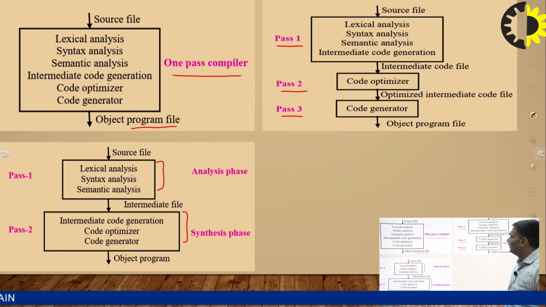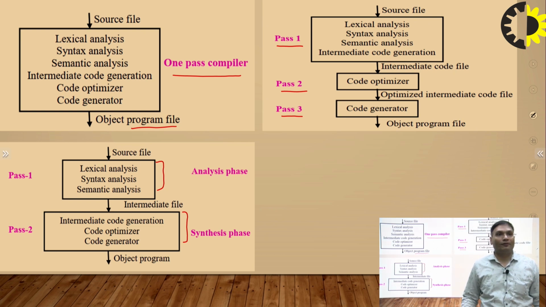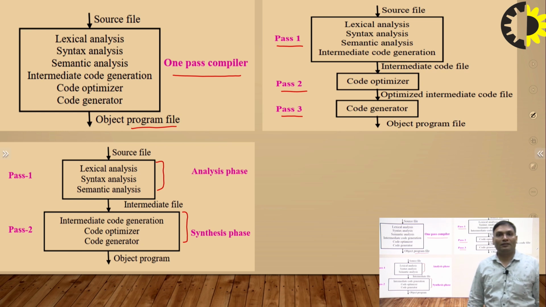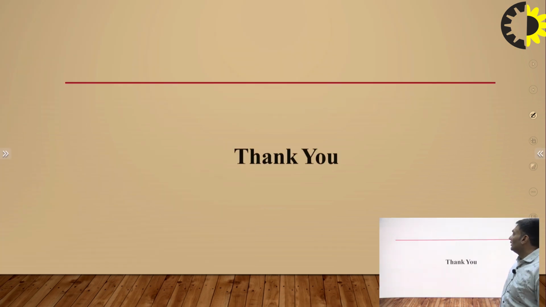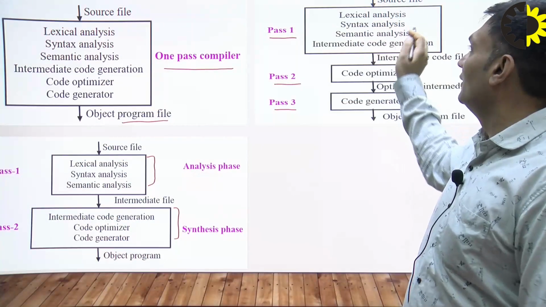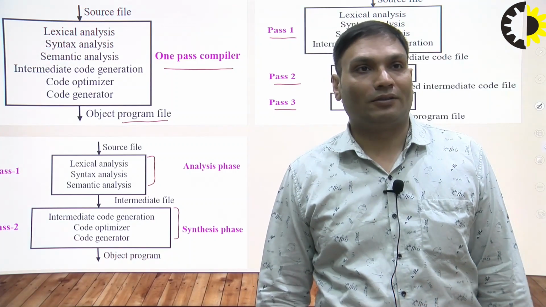So compiler phases can be grouped together, and this grouping is called passes: one pass, two pass, three pass, or multi pass compiler. When we combine these phases into different passes, it is called a multi pass system.